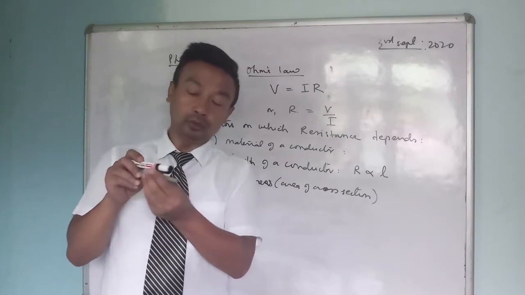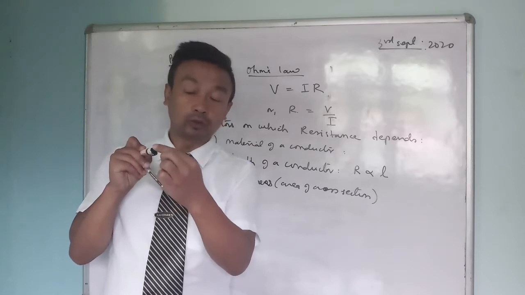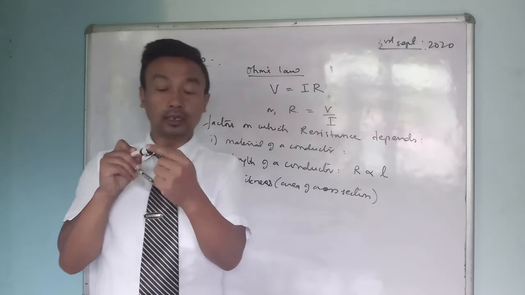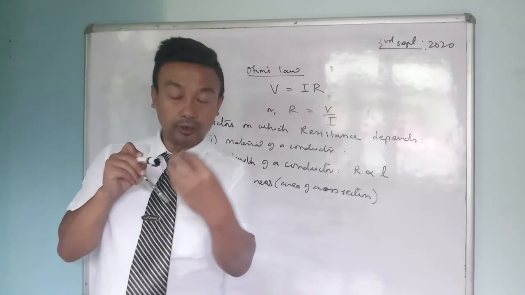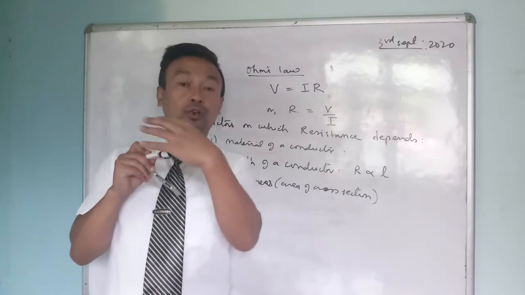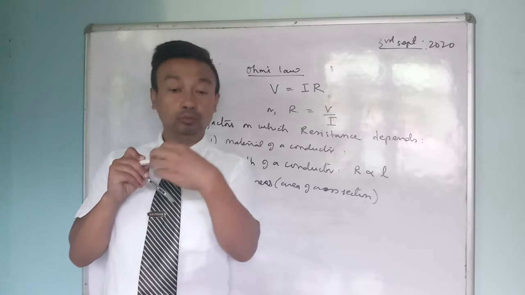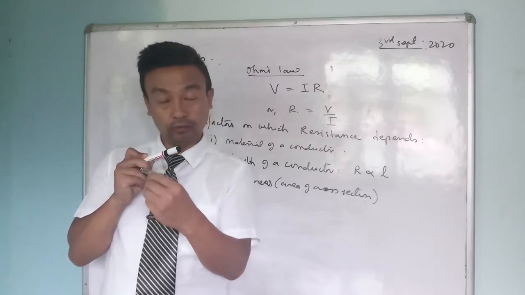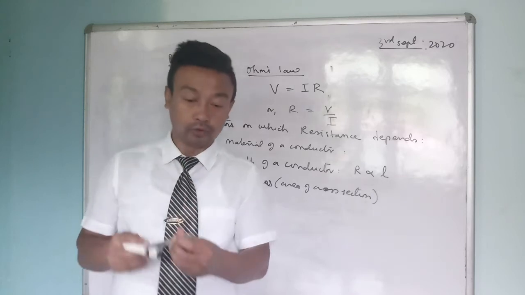If you compare these two wires, obviously this one has more thickness, so the area of cross section is more. When the area of cross section is more, the resistance will be less, because there will be more space for the electrons to move. Whereas if you have a small area of cross section, there will be fewer electrons flowing and the resistance will be more.